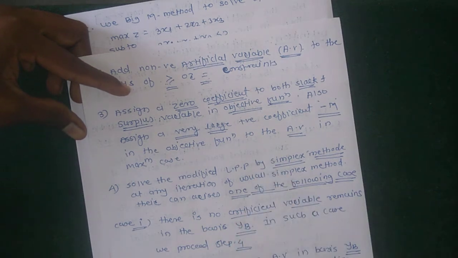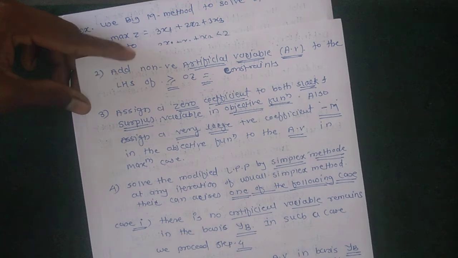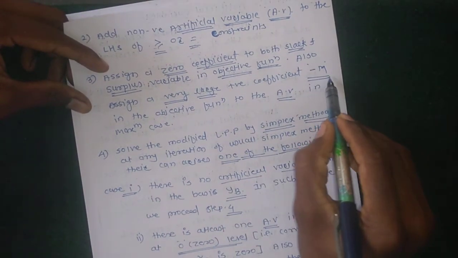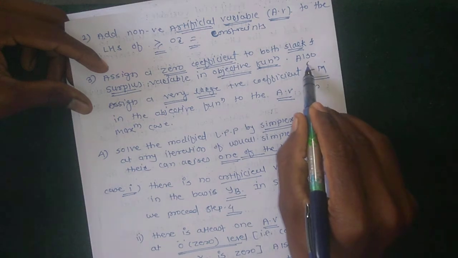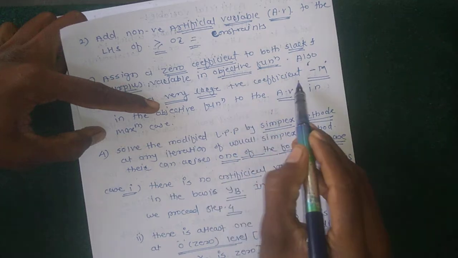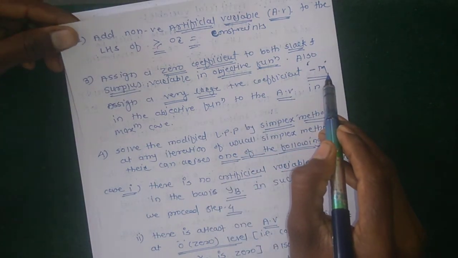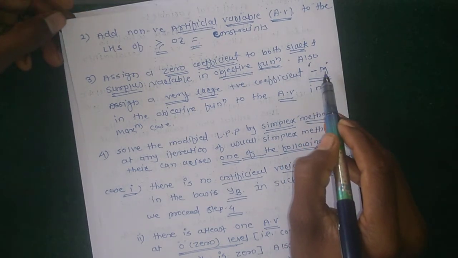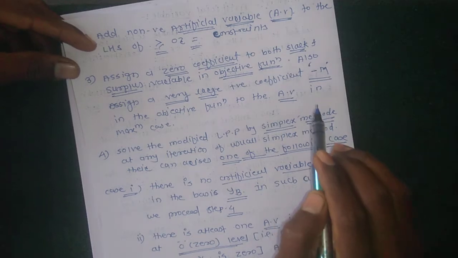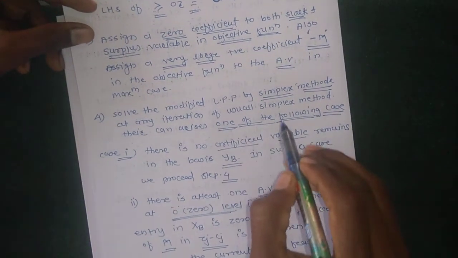In the objective function, take the cost of surplus and slack variables as 0, and for the artificial variable take the coefficient in the objective function as -M. M is a very large positive number. Take this coefficient for the artificial variable in the objective function, and then solve by using the simplex method.